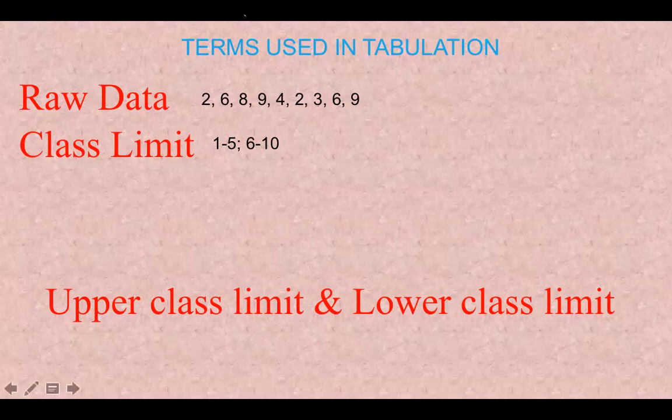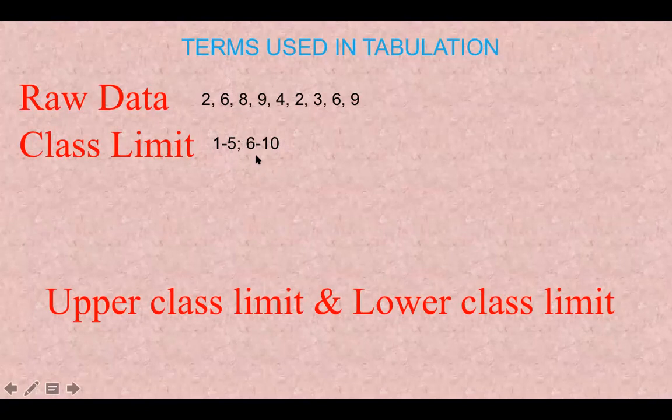Upper class limit is the maximum value of any class interval, and the lower class limit is the minimum value of any class interval. Here, the maximum value of this class interval is 5, so the upper class limit is 5. And in this class interval, it is 10, so the upper class limit is 10. Likewise, the lower class limit is 1 here, and here it is 6.